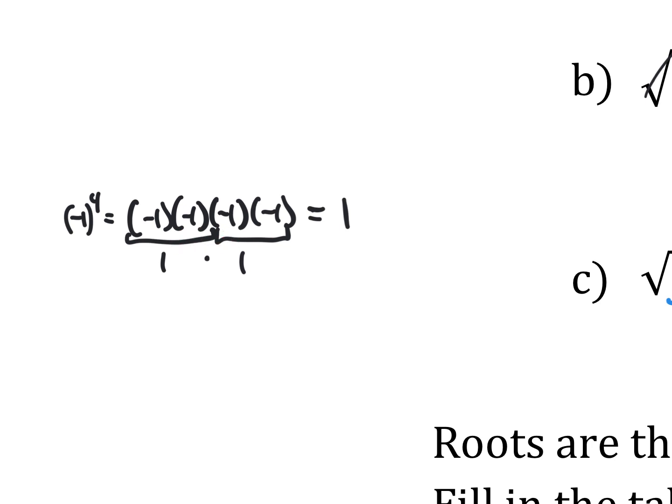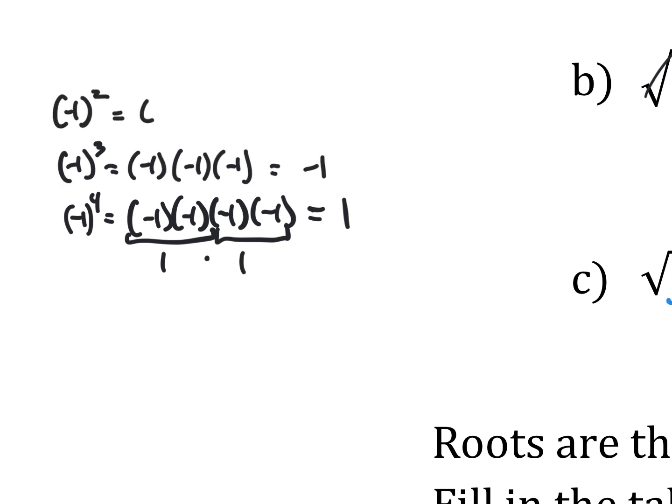All right, in fact, if we have negative 1 to the 3rd power, that's going to be negative 1. If we have negative 1 to the 2nd power, that's going to be positive 1. Notice every time we have an even power, we'll end up with a positive answer.